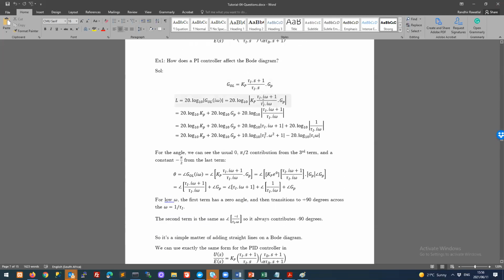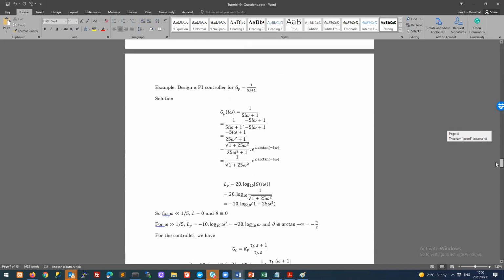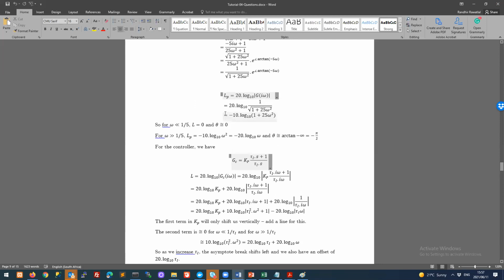So here, for instance, when we had the function, we separated it. Let's see, this doesn't really show what I'm trying to say. So like here, if you have your function in this form, 1 plus factor times omega squared, then you can talk about the asymptotes here.